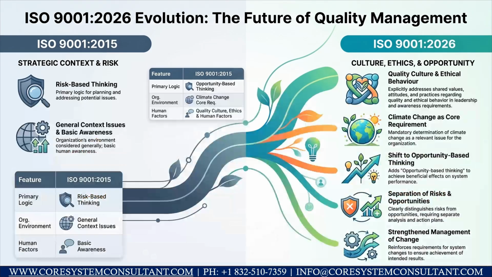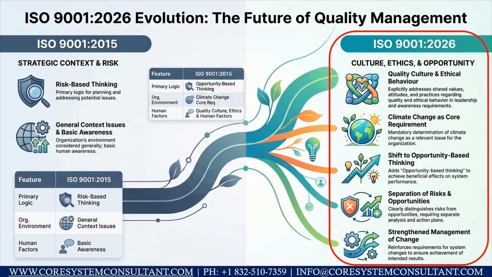So let's start with the major changes. As I said earlier, I'm not going to go by the clauses, rather I'll focus on the topics. The previous standard was all focused on the processes. This standard also focuses on the processes, but it incorporates certain aspects of the businesses, as you can see on the right side for the 2026 version.